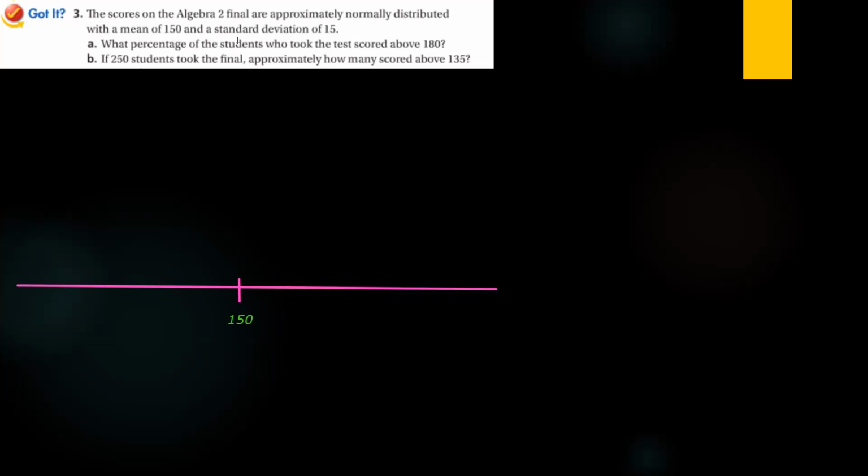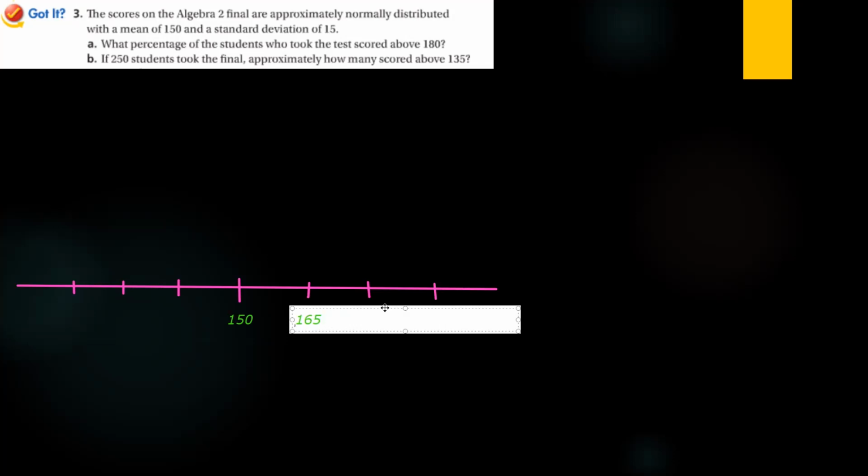Now, I want to draw the numbers above the mean with 3 standard deviations and below the mean with 3 standard deviations. So what we have to do, we have to add 150 plus 15. Let's put here 1 standard deviation, 2 standard deviations, and 3 standard deviations. 150 plus 15 is 165, which will be here.